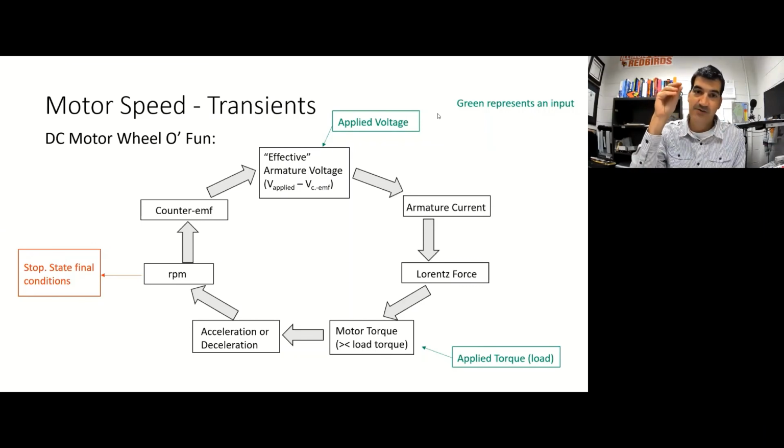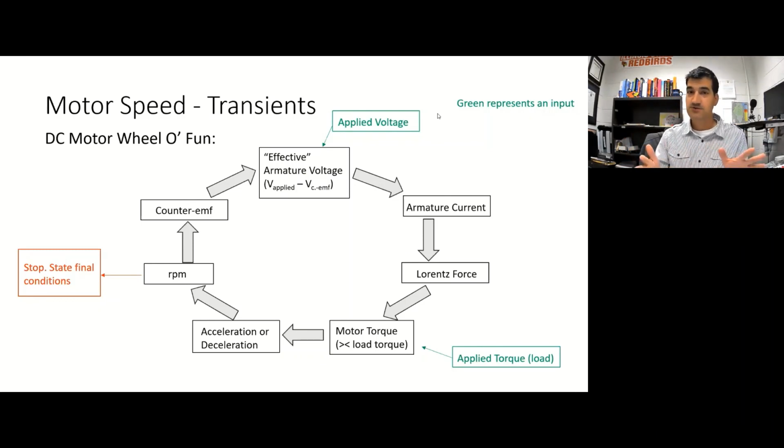That's going to cause the counter EMF to increase, and that's going to reduce the voltage felt by the armature, which is going to bring down the armature current, which is going to bring down the Lorentz force, which is going to bring the motor torque down such that it's more in line with the load torque, which is going to cause the acceleration to decrease, which causes our RPM to approach a final steady state condition.